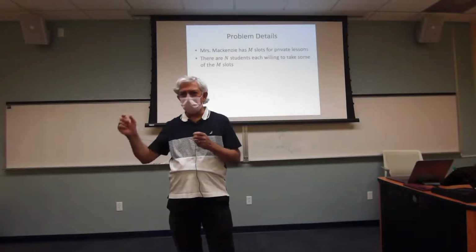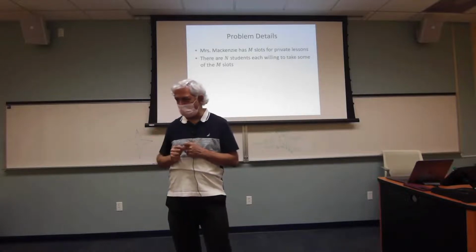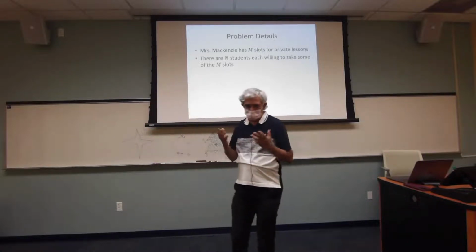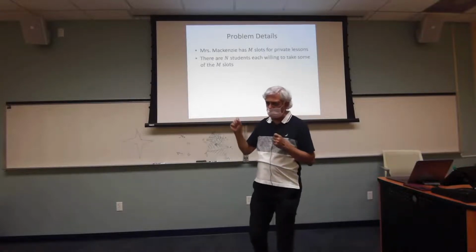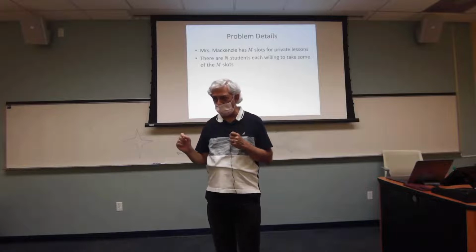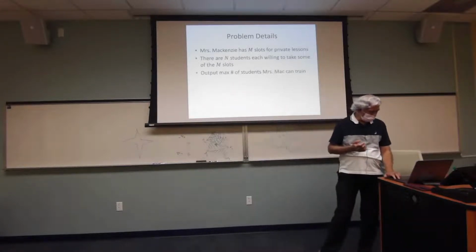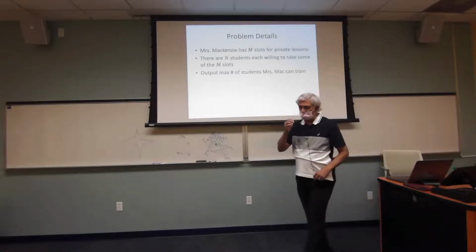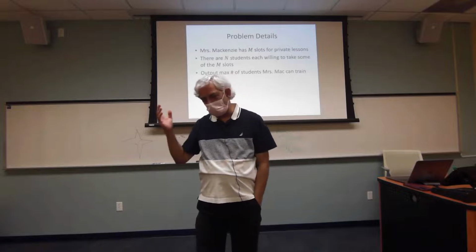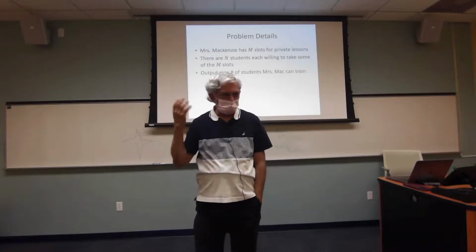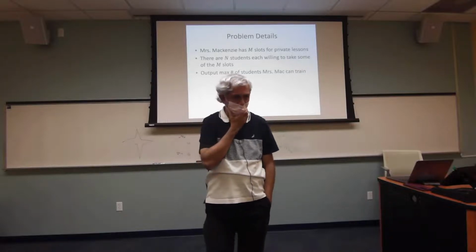Instead, they say, "Oh yeah, I'm free from 3 to 4, from 5 to 6, and from 8 to 9." So they pick different slots where they are free from the teacher's possible slots, and then your job is to figure out how many students Mrs. Mackenzie can train, and what's the maximum number of students she can train.